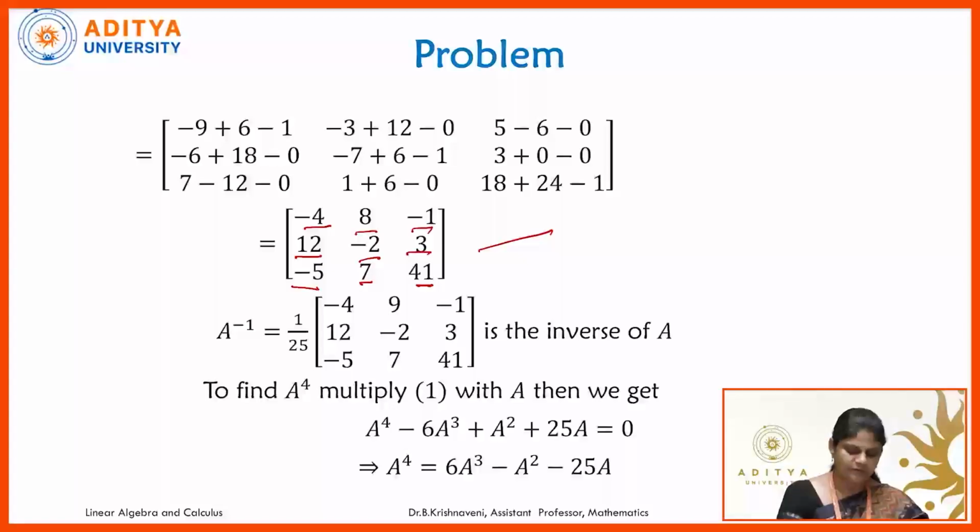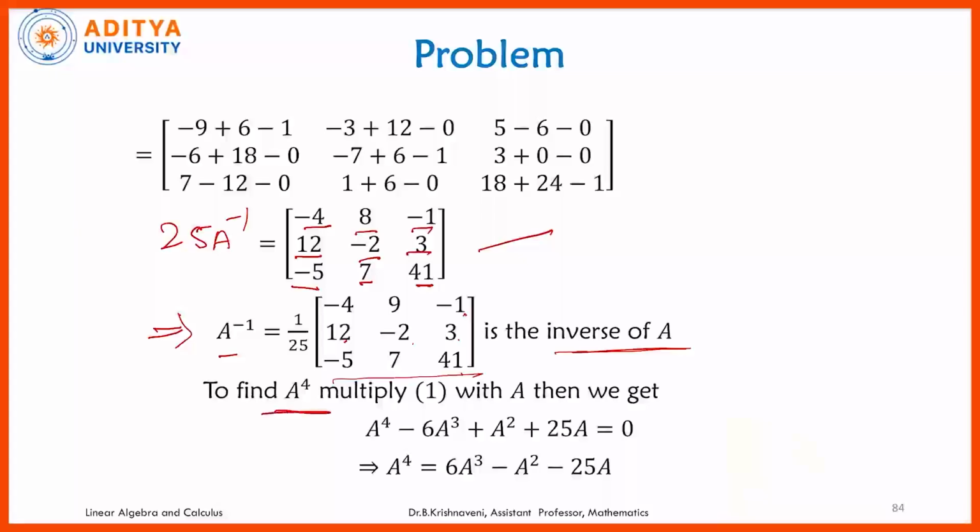This is nothing but 25 A inverse. Finally, A inverse is equal to 1 by 25 into the matrix minus 4, 9, 1, minus 1, 12, minus 2, 3, minus 5, 7, 41, which gives the inverse of the given matrix.